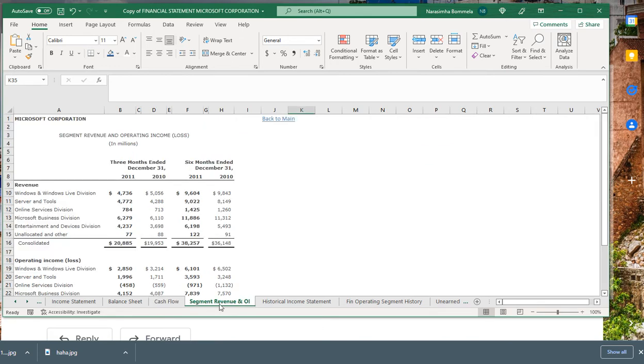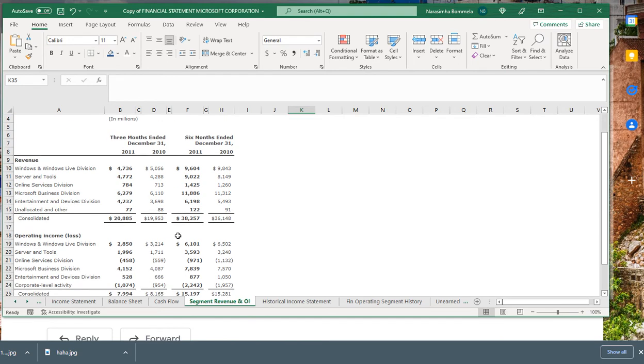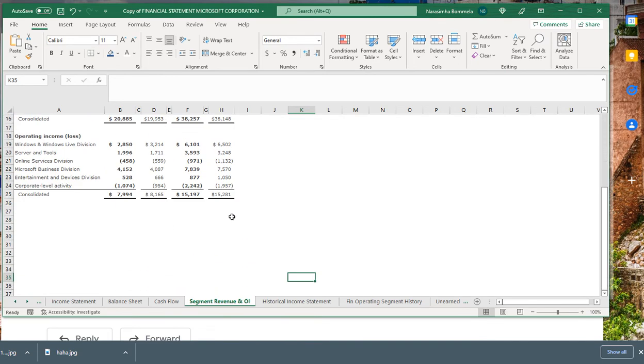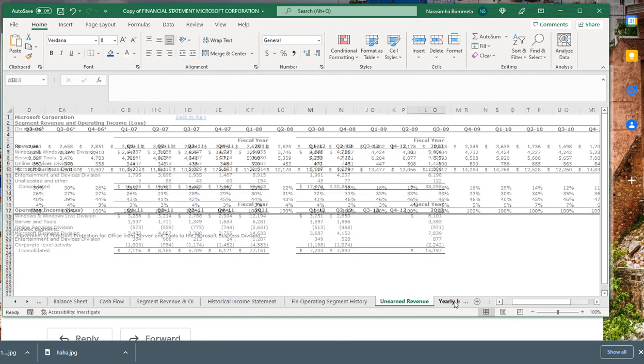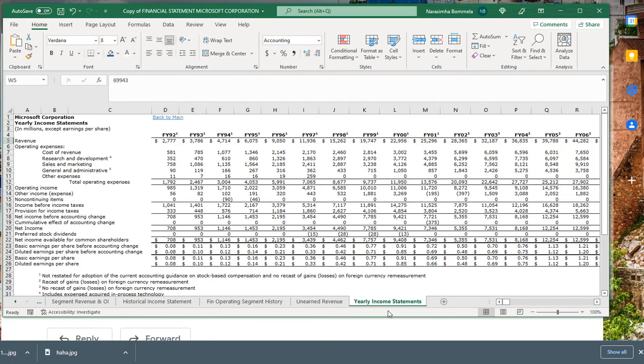Then segment-wise revenue is when the organization has different types of segments in which it is operating and generating revenues. Based on the segments, the operating revenues and operating income are explained here. You can identify, when compared to 2010, how the values are for 2011, whether it is increasing or decreasing. Based on that, you can make your conclusions. Similarly, you can speak about any other section that is provided here.